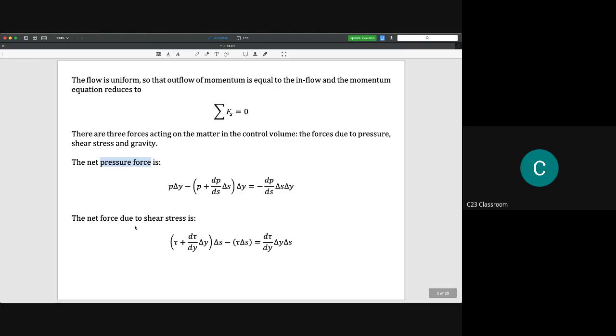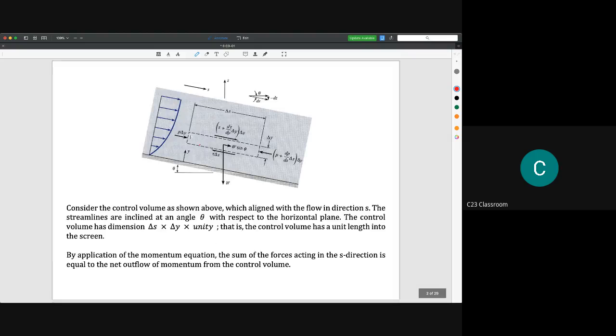Then we calculate the shear stresses. As you know, previously we learned about viscosity. The equation related to this is force equals tau A. So we have tau plus d tau over dy times delta y, and the area here is delta S times unity, times 1 unit, because the width of this element is equal to 1.